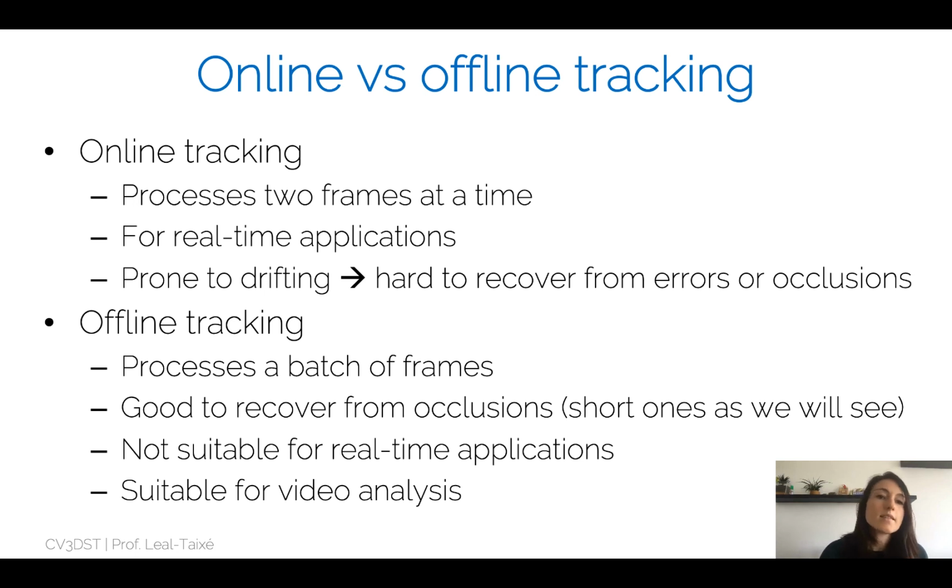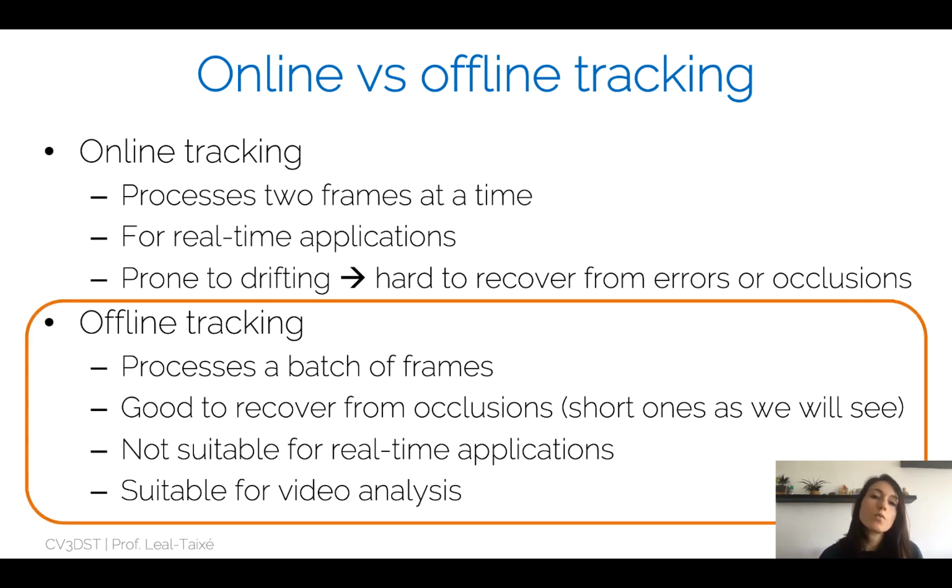So we discussed some online tracking methods in the last lecture, and in this lecture, we're going to focus more on offline tracking. So this is more suitable for example, for video analysis, where you have access to the whole video and you want to retrieve trajectories as reliably as possible in order to then analyze these trajectories for behavior analysis or any other type of task where you require reliable trajectories.